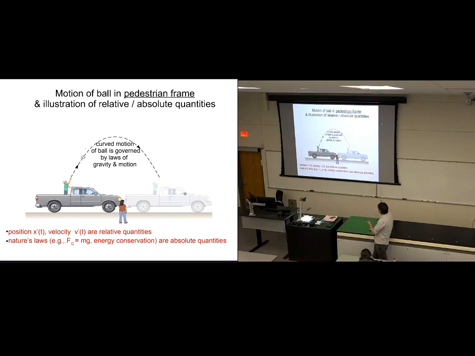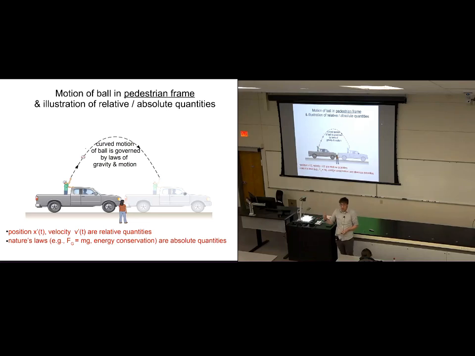Here's the same ball and the same motion in Earth's gravity, but now viewed from a different reference frame. It's viewed from the reference frame of the pedestrian here, watching the truck go by. So now the pedestrian sees the ball's motion not as straight up, straight down motion, but rather a curved, arced motion that is both up and down and left and right.